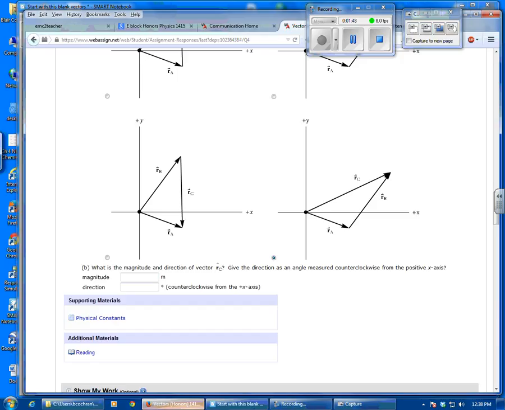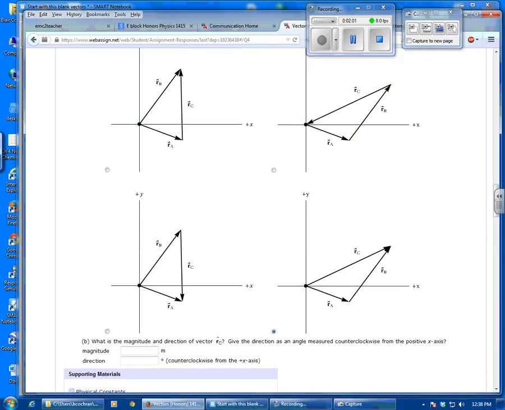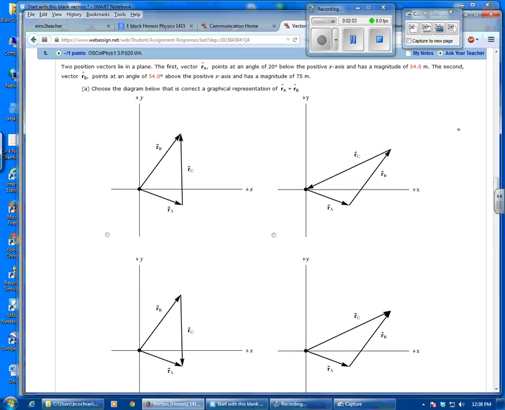And now they want to know what is the magnitude and direction of vector RC. Give the angle measured counterclockwise from the positive x-axis. So let's see, let me get down some facts here into my diagram.